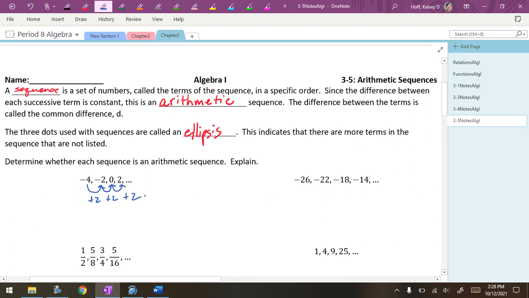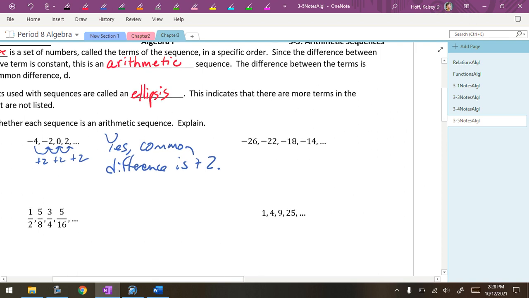Is this arithmetic then? Yes. And we say the common difference is +2. And I know that seems really weird to say a common difference is a positive number. But the difference is like the change is a +2. Go to the right.